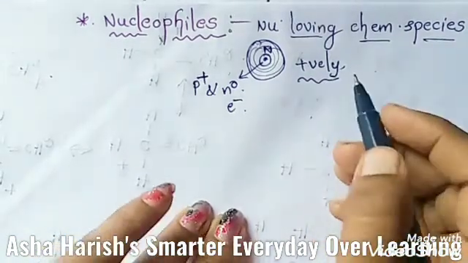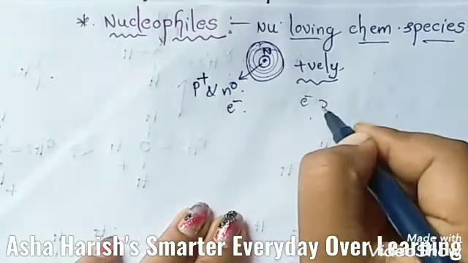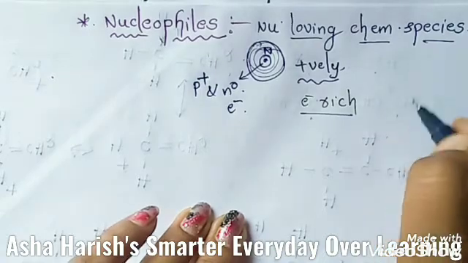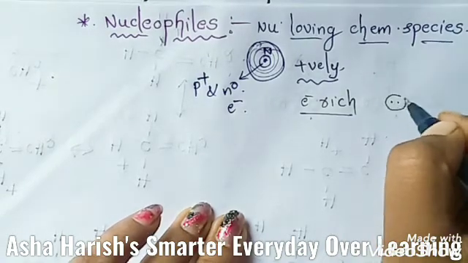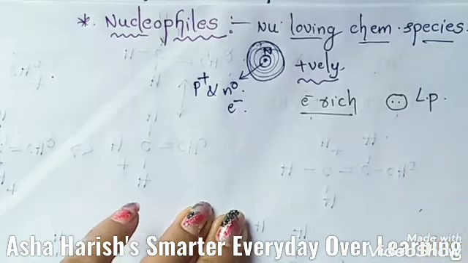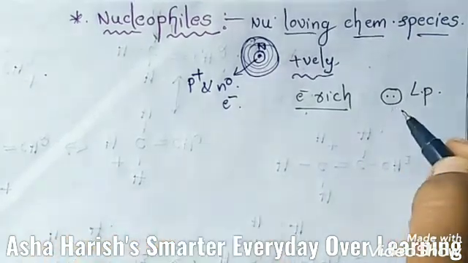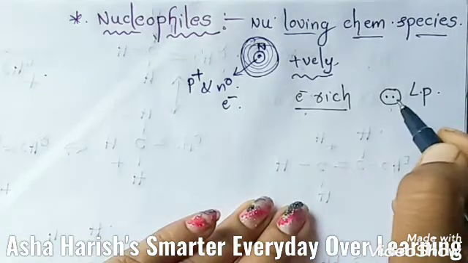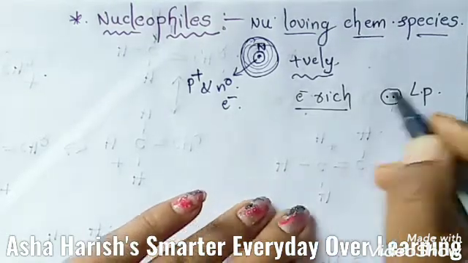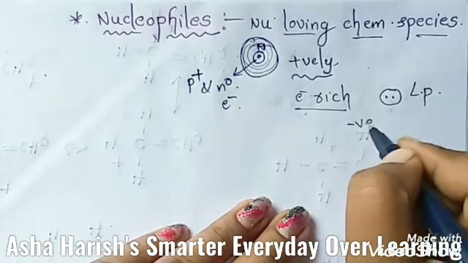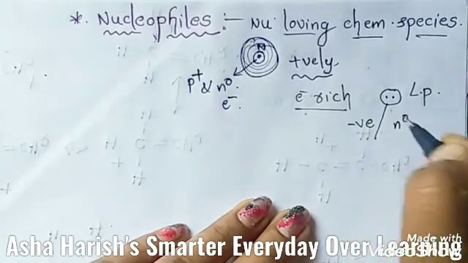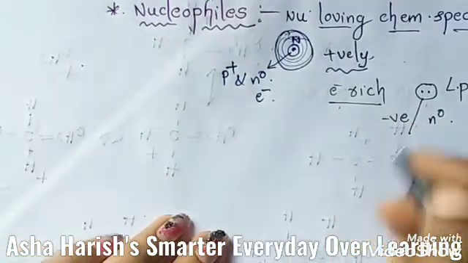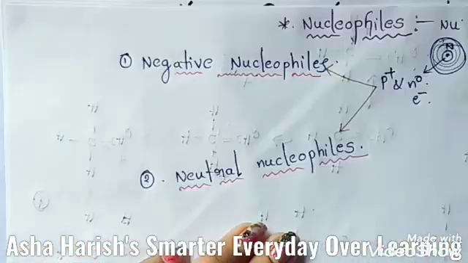Therefore, nucleophiles must be electron-rich chemical species containing at least one lone pair of electrons. A lone pair, LP, is electrons that are not involved in bond formation. They may be either negatively charged or neutral. Now we have negative nucleophiles and neutral nucleophiles.